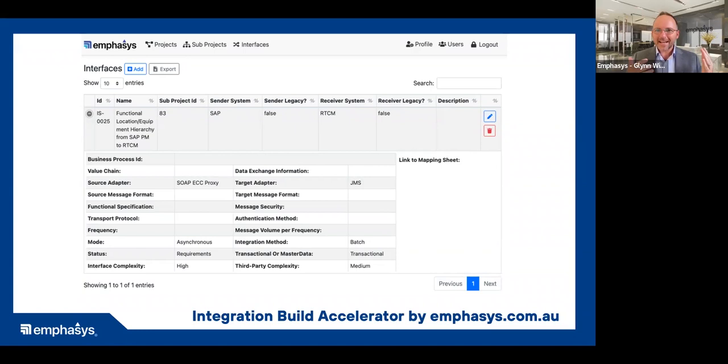And so we've got access to the mapping sheet which is used with the vendor. And so we don't have to worry about emails and missed emails or missed communications, or waiting for somebody to come back to us with information, or understanding which mapping sheet is the latest one that should be used. We're able to instantly see what the mappings should be and what the technology should be.